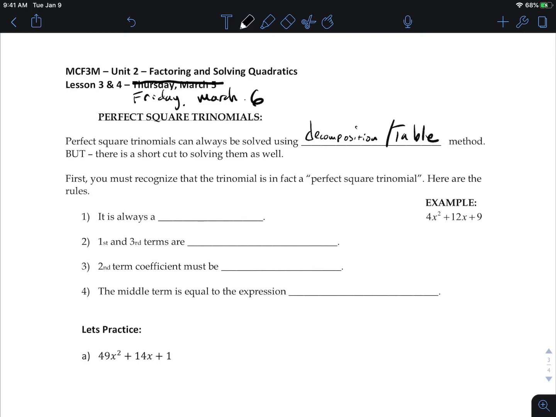So with these, it's always a trinomial, right? And the first and third terms, so the A and the C values combined with their variable, are always perfect squares.